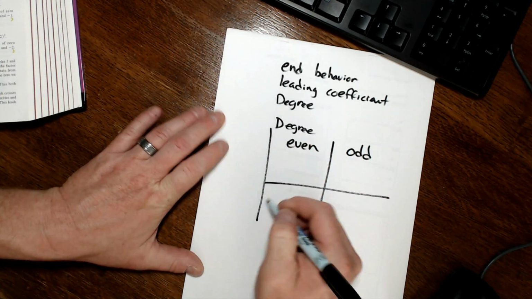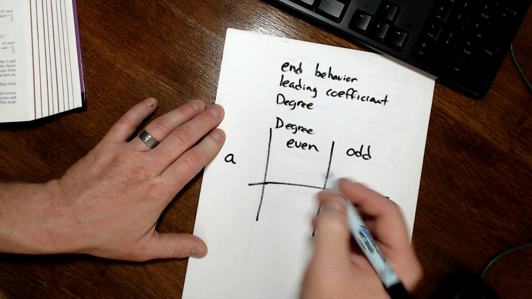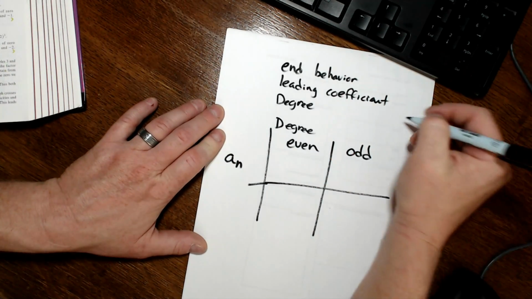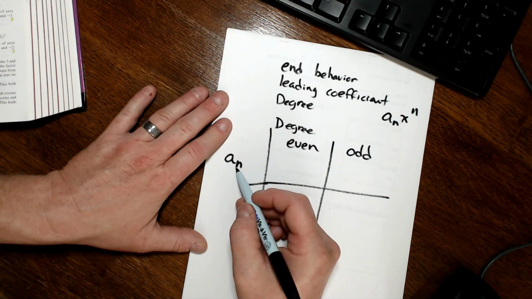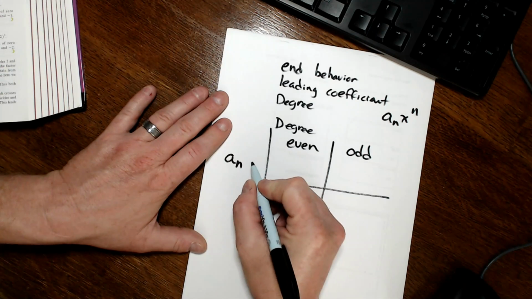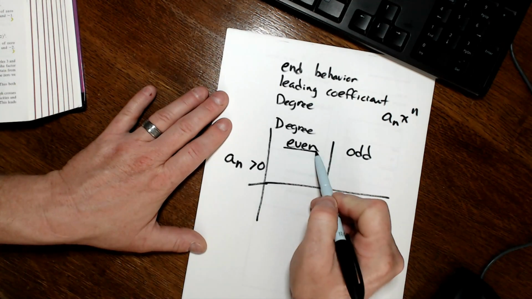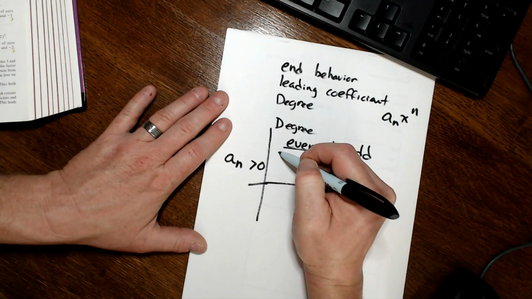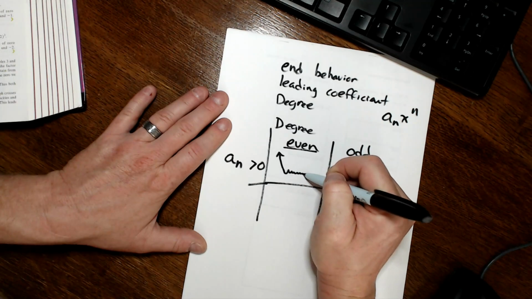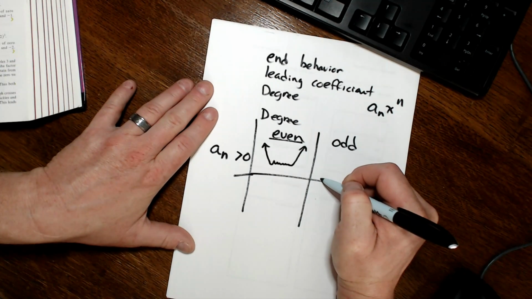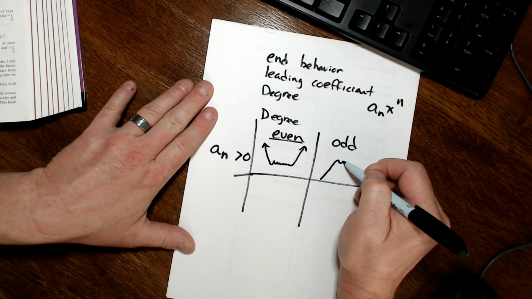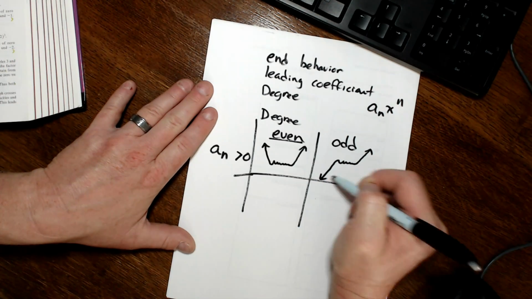You want to look at the value of a sub n, which is your leading coefficient, and the degree of your polynomial. If a sub n is positive and you have an even degree, your graph will start from positive infinity, do whatever it does, and then end up at positive infinity. If it is odd, it will start at negative infinity, do whatever it does, and then go to positive infinity.